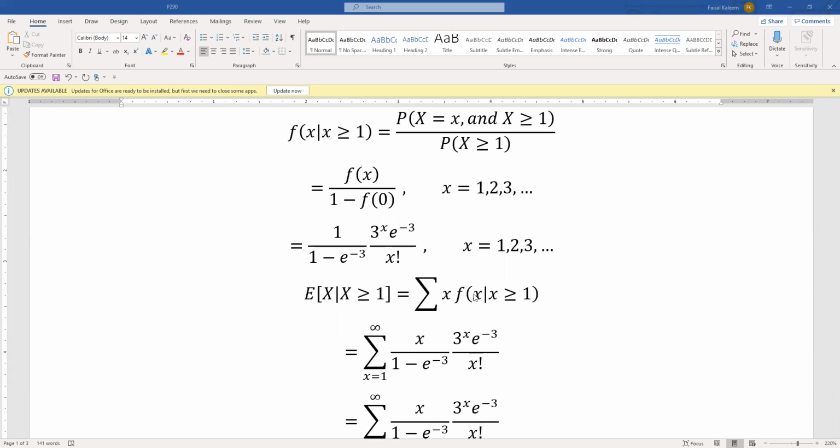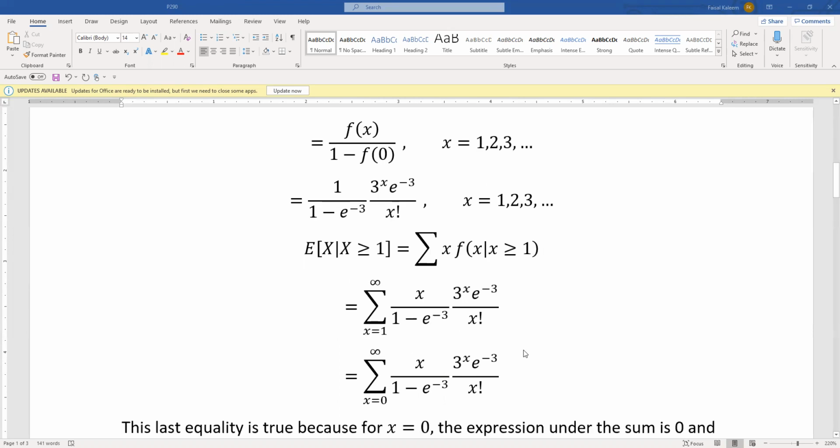Now this f(x | X ≥ 1) we found here is 1 over (1 minus e^(-3)) times this, and we're also having it times x, so I've just multiplied this expression by x to get that.